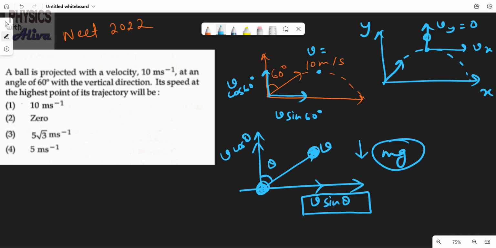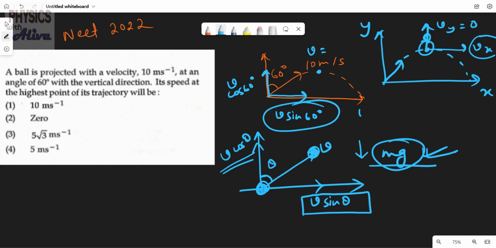But there is one force which is acting in the vertically downward direction. That means the component of the velocity in the vertical direction will decrease due to this force, right? So at the highest point the velocity in the vertical direction becomes 0, but the horizontal component of the velocity remains constant because no force is acting along the horizontal direction.